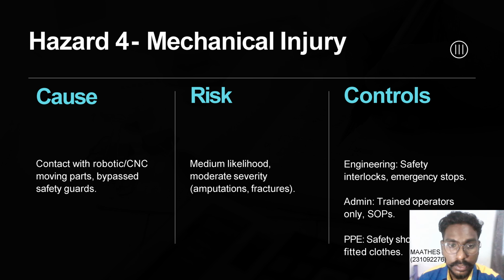Therefore, controls include installing emergency stop buttons and interlocks, and allowing only trained operators to handle machinery. PPE like safety shoes, gloves, and fitted clothing, safety awareness and discipline are key to avoiding mechanical injuries in the lab.